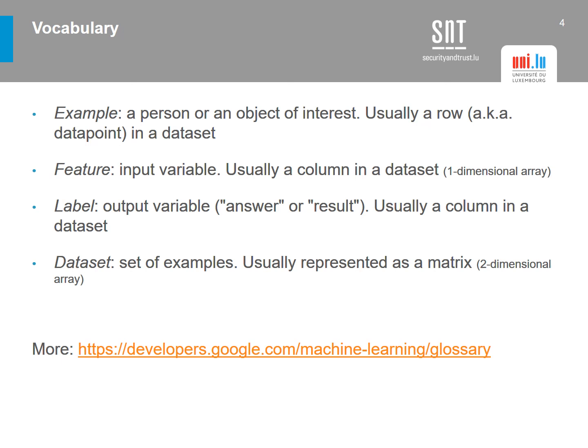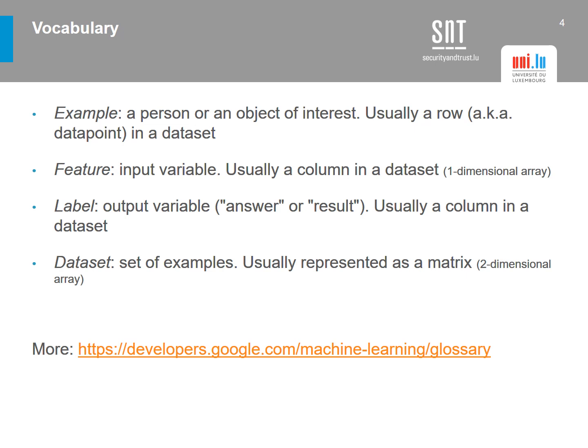In machine learning, a feature is an input variable to a machine learning model. It is represented usually as a column or as a one-dimensional array. A feature is a characteristic of our example.